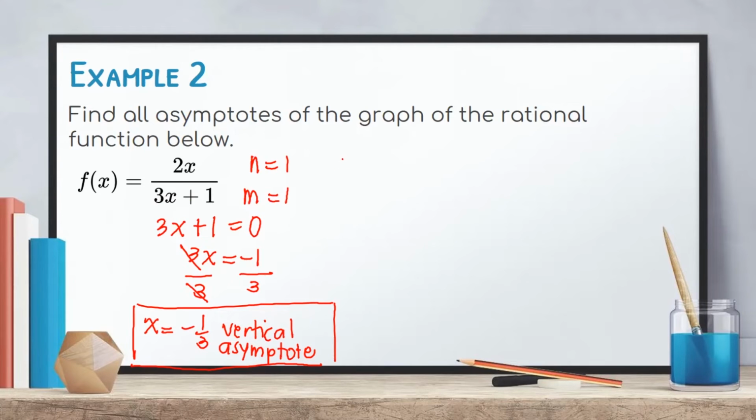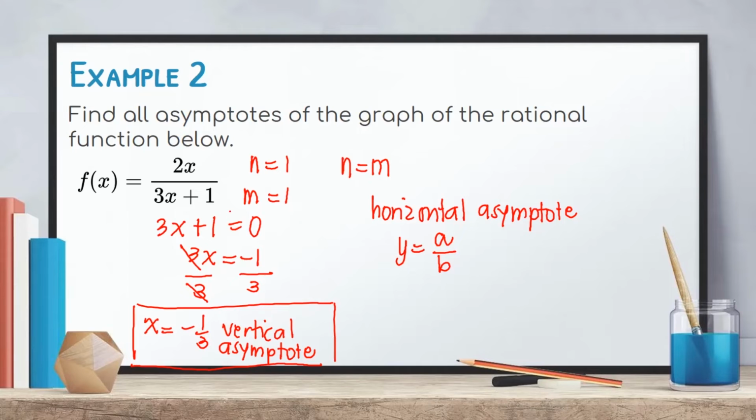Hence, we can say that n is equal to m, and this satisfies the second condition. Therefore, the horizontal asymptote is the line represented by a over b, wherein a is the leading coefficient of the numerator and b is the leading coefficient of the denominator.